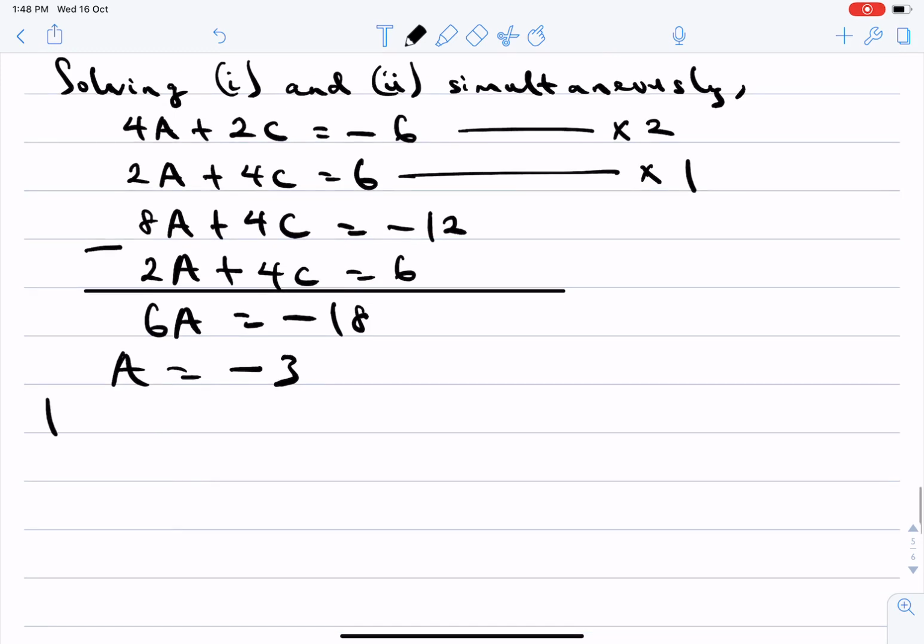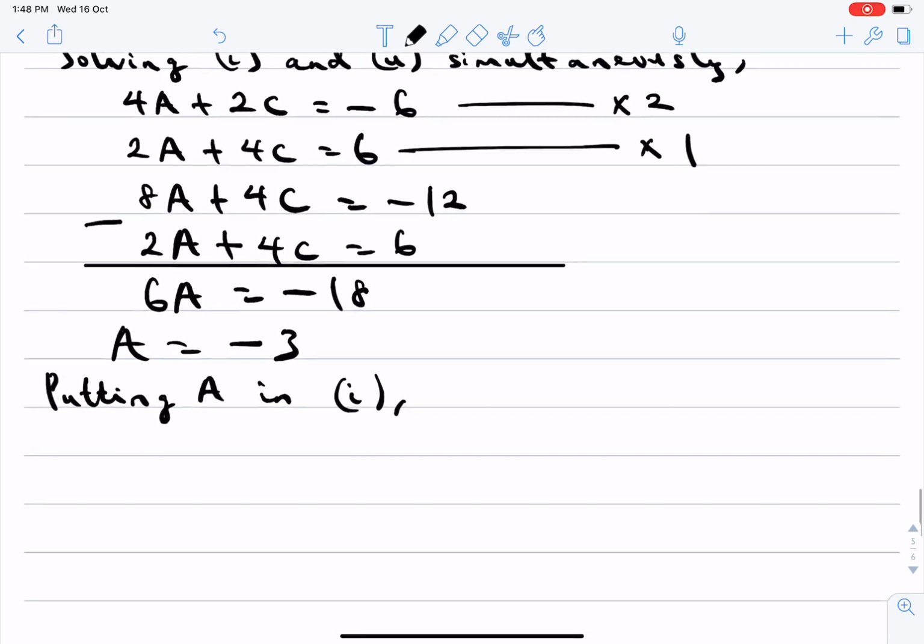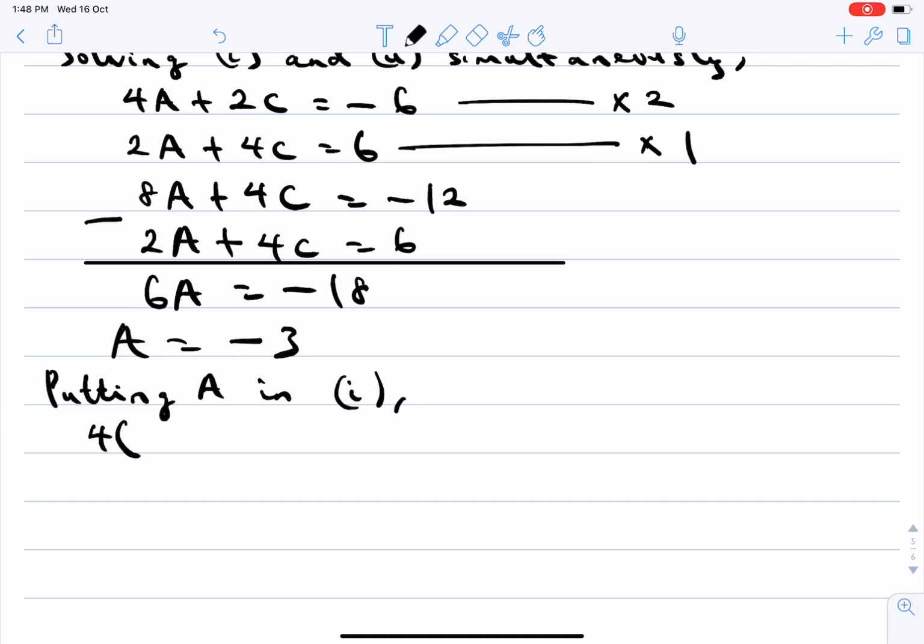Now putting a in equation 1. You can put it in either 1 or 2. Putting it in equation 1, wherever you see a, you write minus 3. 4 times minus 3 plus 2c equals minus 6.